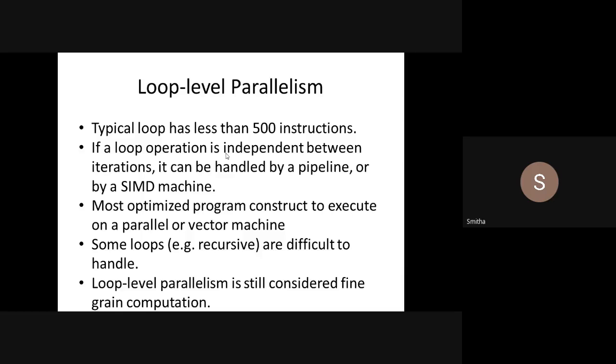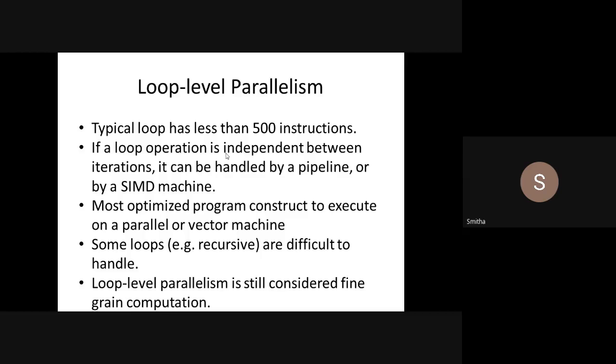In a loop the index also changes: i will be 1, then i becomes 2, like that it goes. So the data will vary, but the instruction you are executing inside the loop will be the same throughout the loop execution. So if it is independent, we can go for a pipeline or SIMD machine.